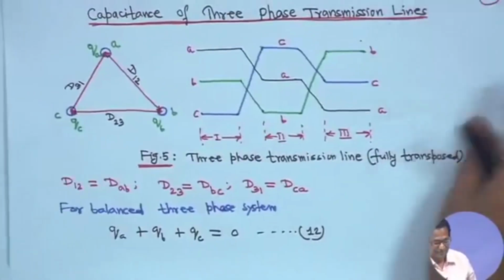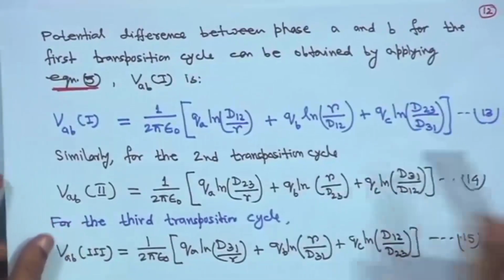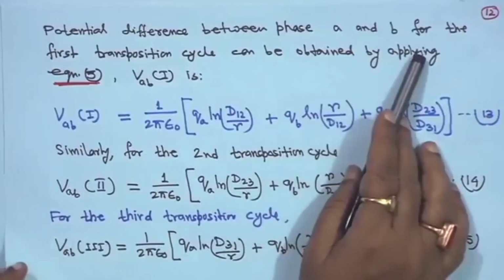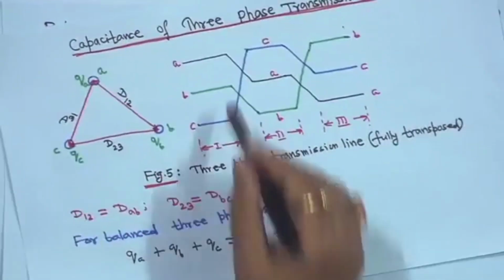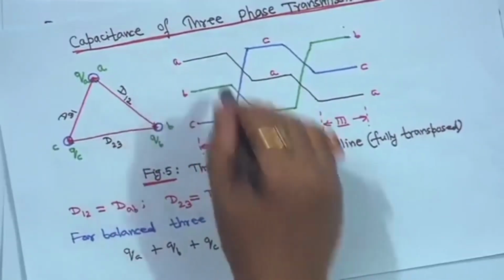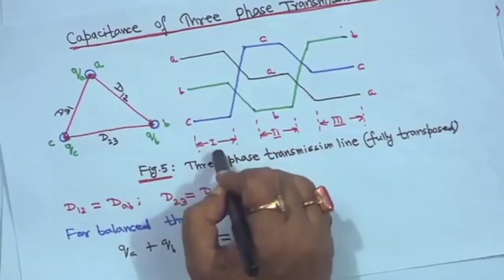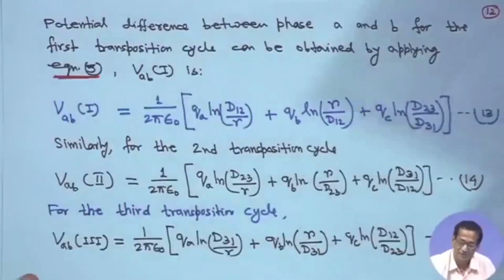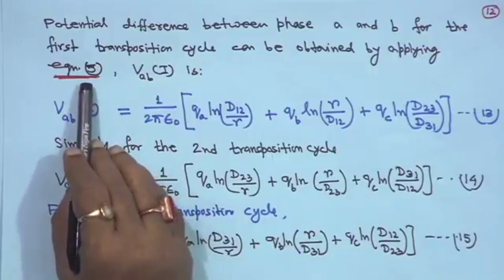Next, we will apply the same formula. The potential difference between phase A and B for the first transposition cycle, that is section 1, section 2, section 3, first we will see the first one. That can be obtained by applying equation 5, the same generalized equation again.